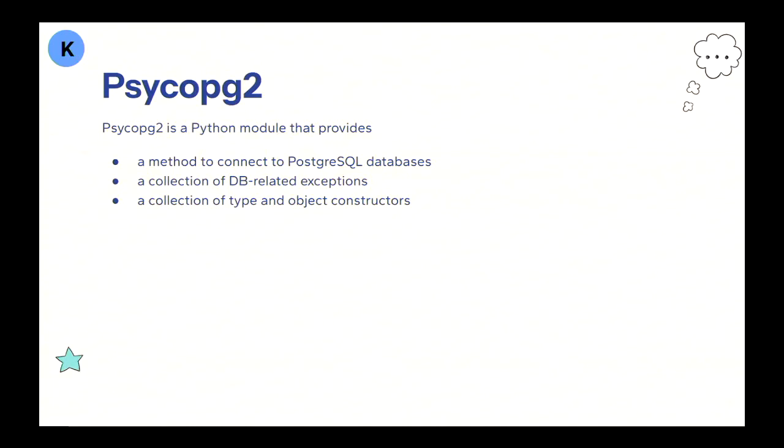Actually, these exceptions are produced by the database, but they are not for Python. So this Python module will convert those exceptions into Python exceptions. So it is not only a collection of methods, it's also a collection of exceptions. And of course, it has a collection of type and object constructors, which are specific to Postgres.